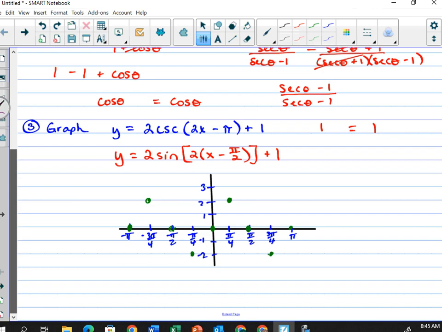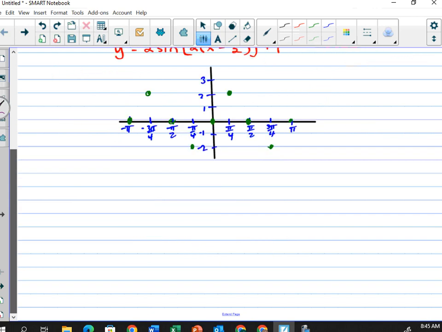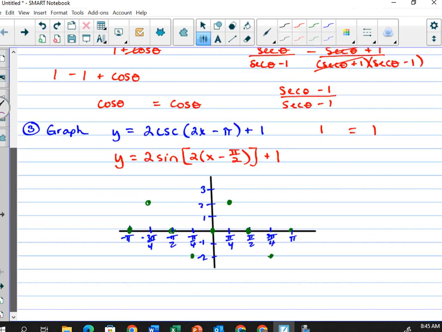All right, guys, then our shifting here. We are going to the right by pi over 2 and up 1. How far is pi over 2? 2 tick marks? Yes.